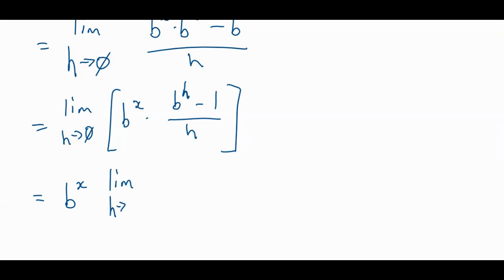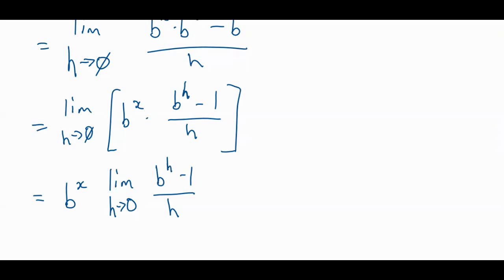Now, the problem is this limit is still indeterminate. b to the 0 is 1. 1 minus 1 is 0 over 0. This is still 0 over 0. We, unfortunately, don't have the skills required to solve this limit. Here's where I'm flip-flopping.